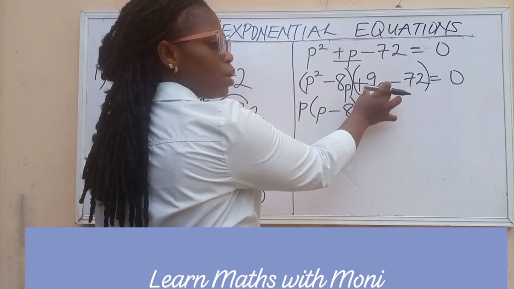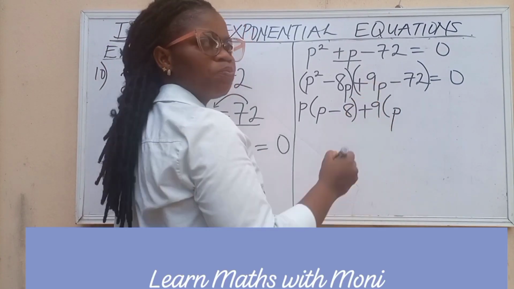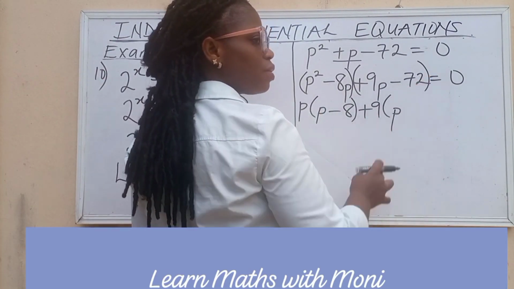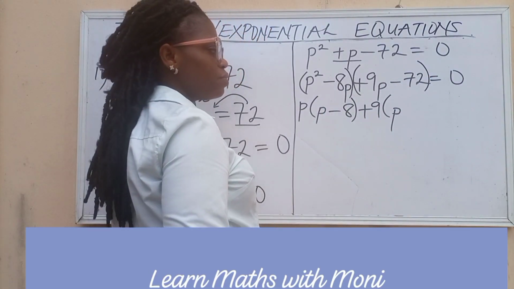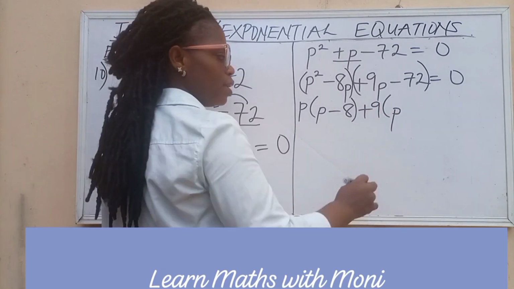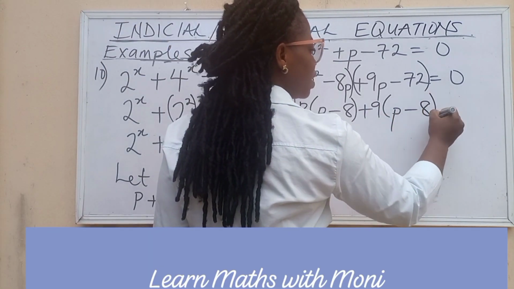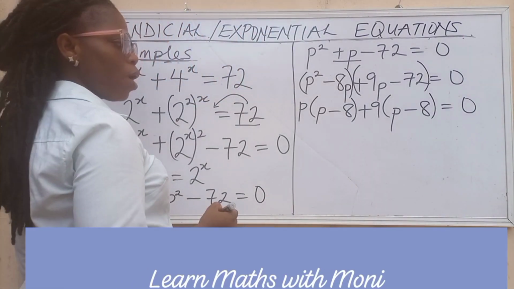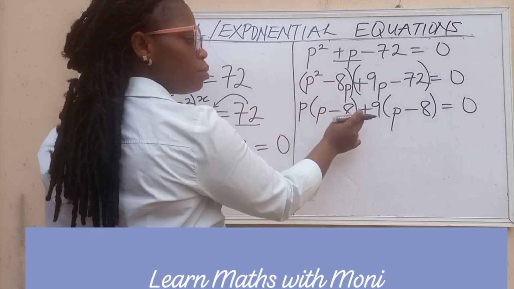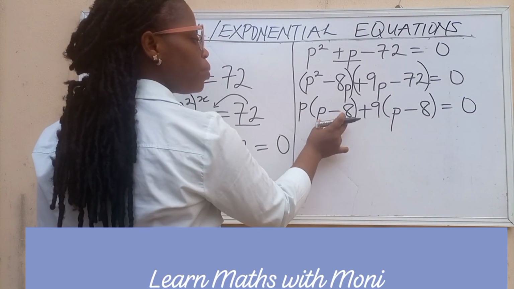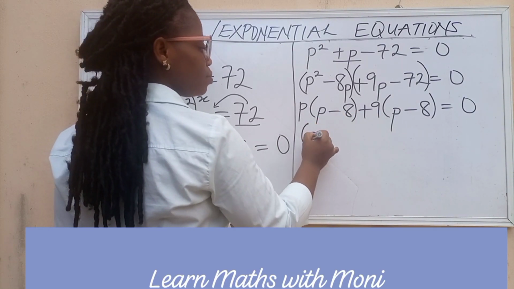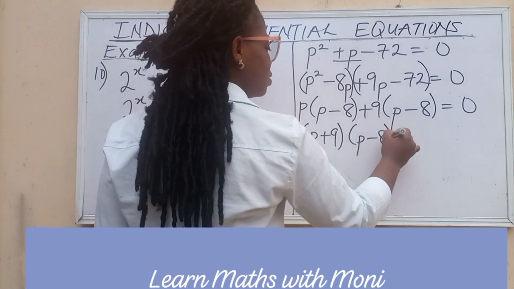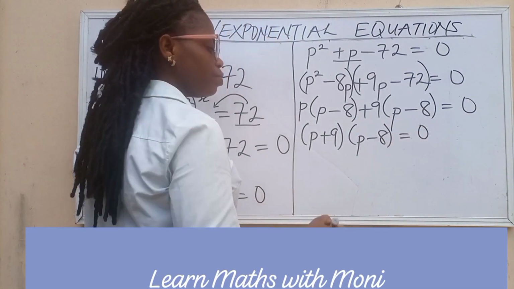Plus 9 in plus 9P leaves me with P. Plus 9 in minus 72, that is minus 72 divided by plus 9, leaves me with minus 8, equals to 0. So I have P plus 9 into P minus 8 equals to 0.